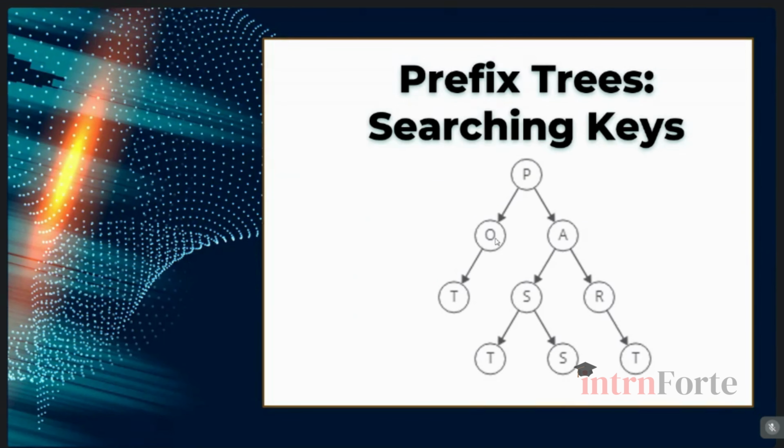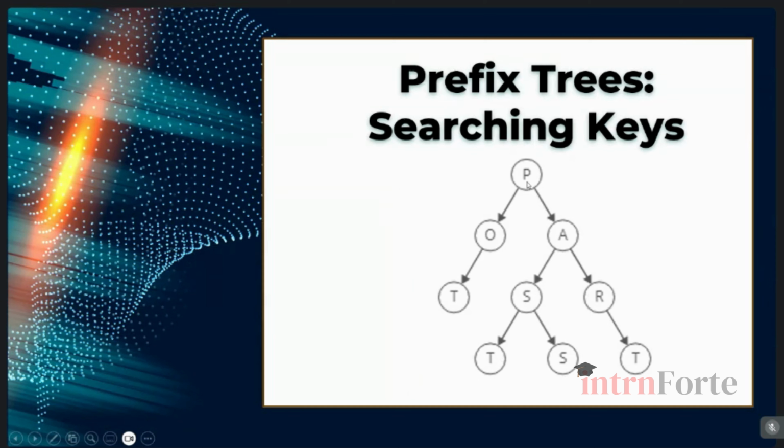And let's say that we have four different words. What are the four words that we see in this picture? Depending on the nodes, which are the circles, and the edges, which are the arrows, we see that we have one word, P-O-T, pot. We have another word, P-A-S-T, past.